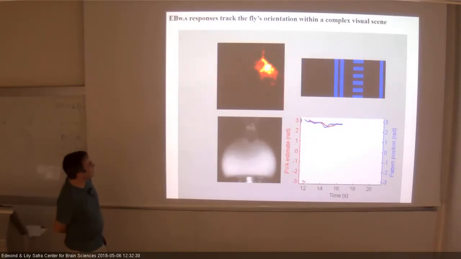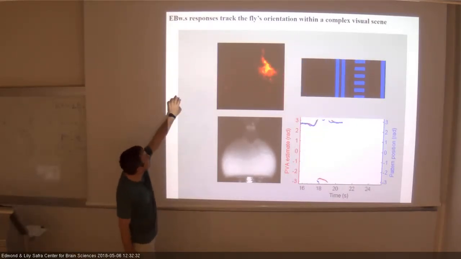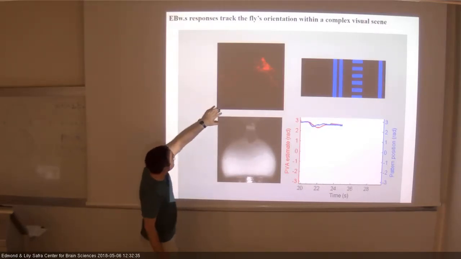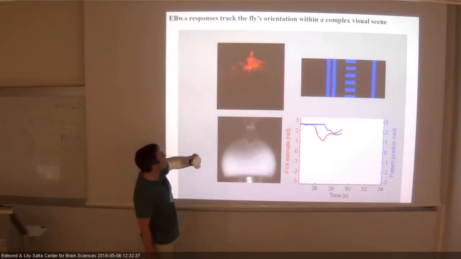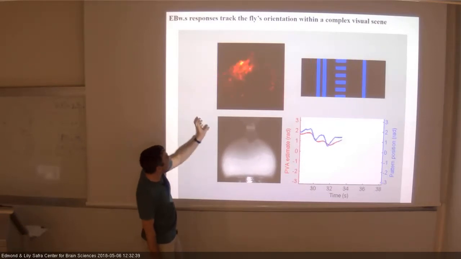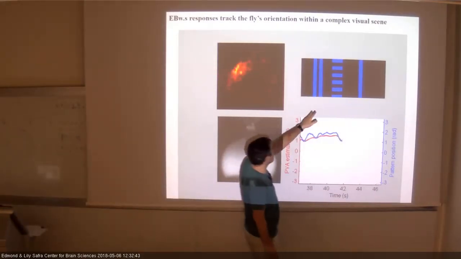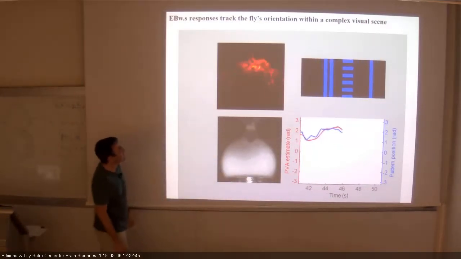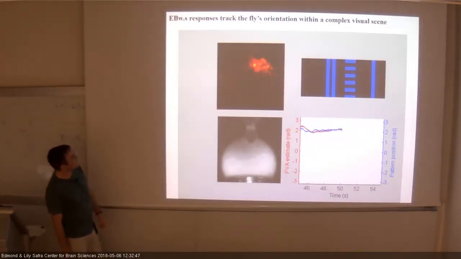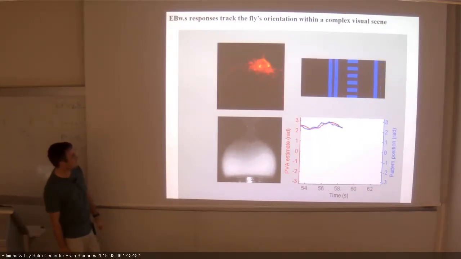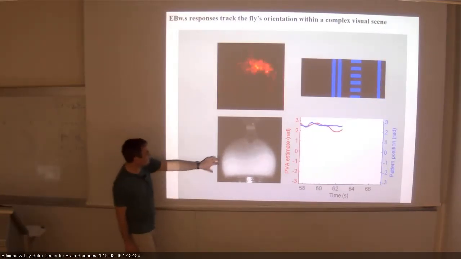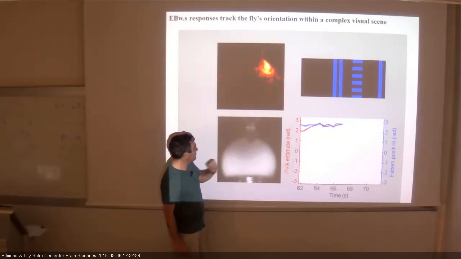So again, we don't see several bumps of activity or several hotspots of activity. The activity corresponds to the azimuth of this object rather than to its microscopic features. And this is a fly on this foam ball.